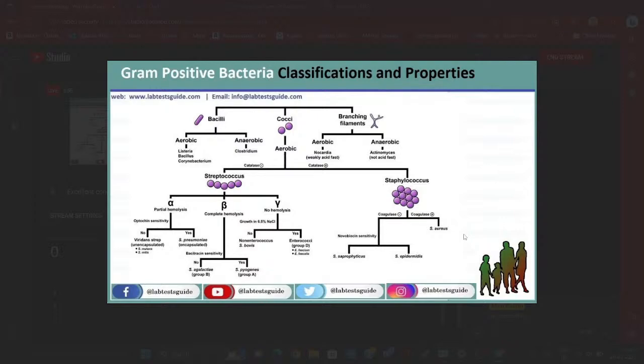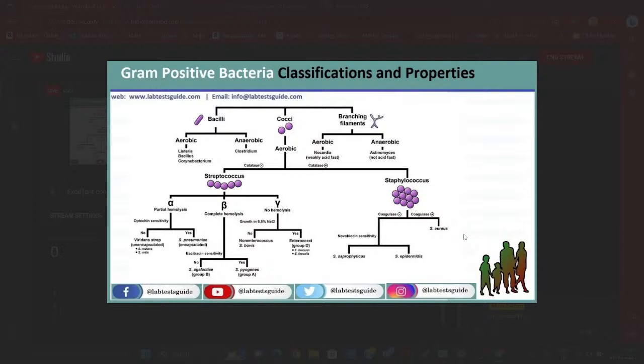Listeria causes listeriosis, and Corynebacterium causes diphtheria in children. Clostridium can cause various diseases, maybe botulism, maybe tetanus, or maybe gas gangrene. So these are the diseases caused by Clostridium.